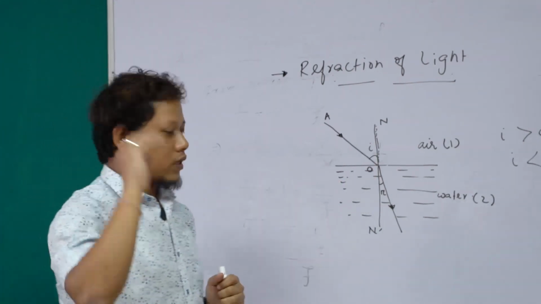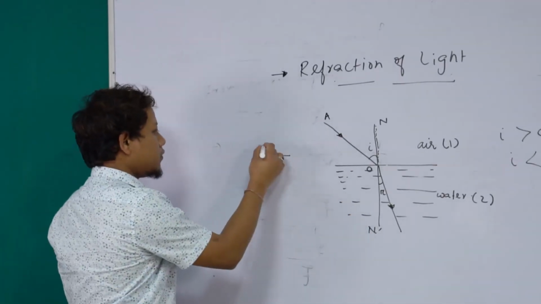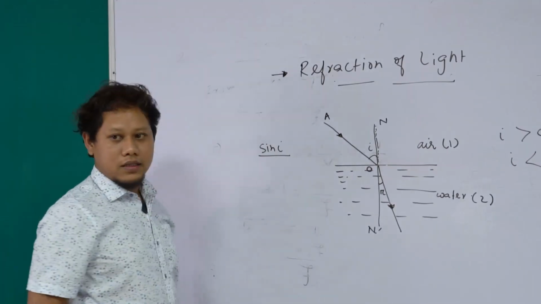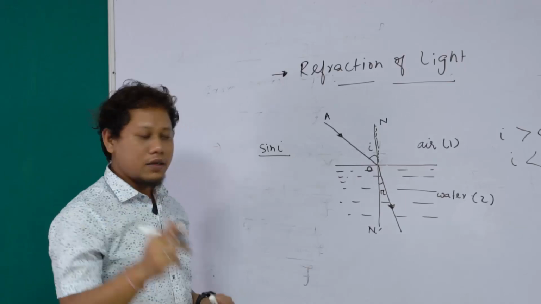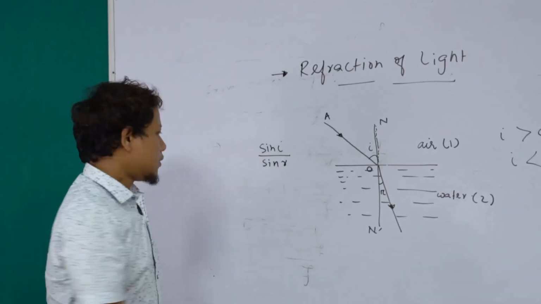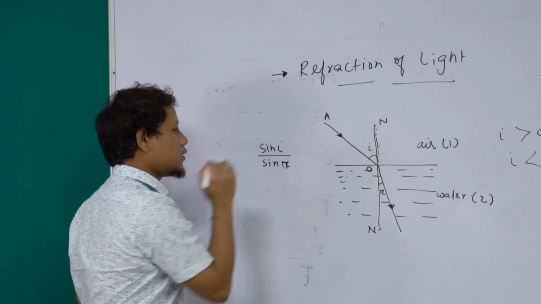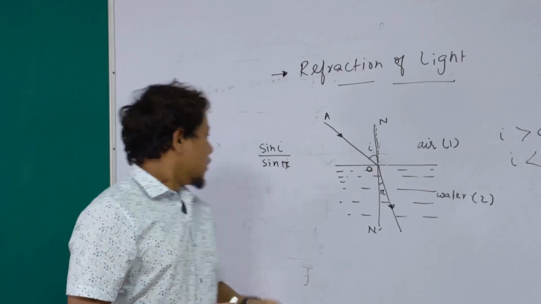The next one is about the sine of the angle of incidence, the ratio of the sine of the angle of incidence to the sine of the angle of refraction. This is r. It looks like gamma, but this is r. So what is the second law of refraction?